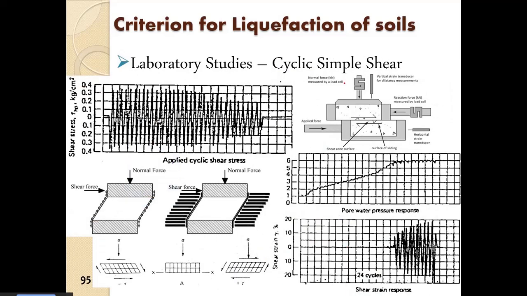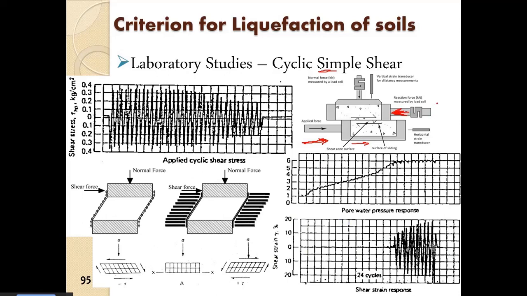Similarly there is cyclic simple shear. Unlike direct shear, in direct shear we have the sample and we apply movement to the sample at the bottom. The sample is moved and a tangential reaction is applied here.